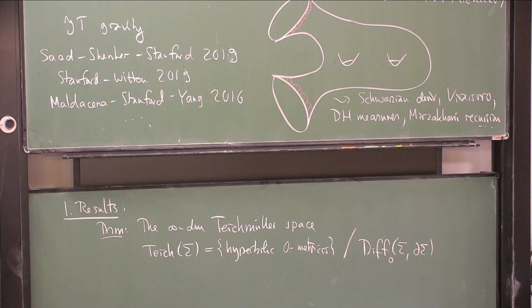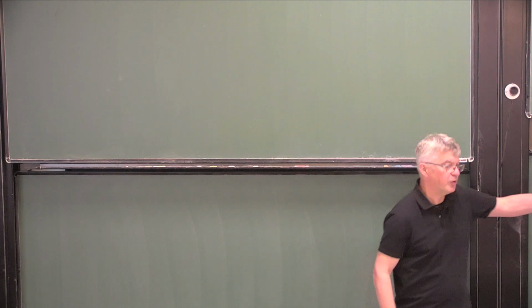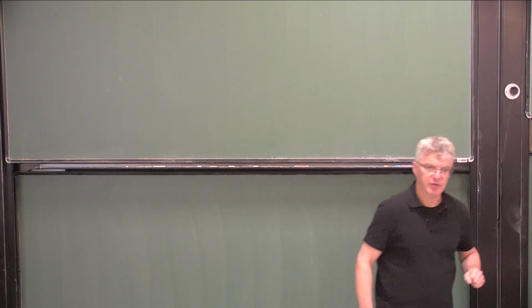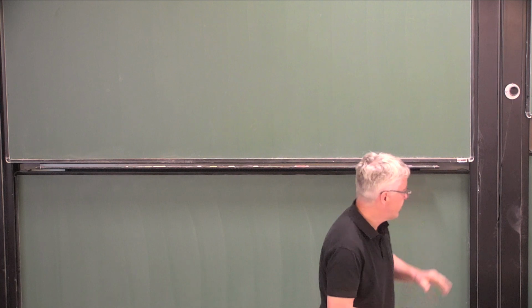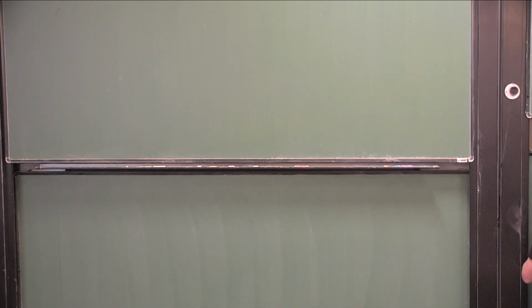So similar to the usual Teichmüller space, except we use these zero metrics, and we only look at diffeomorphisms which actually fix the boundary. The theorem is that this infinite dimensional Teichmüller space has a natural symplectic structure, just like the usual Teichmüller space in the case without boundary.